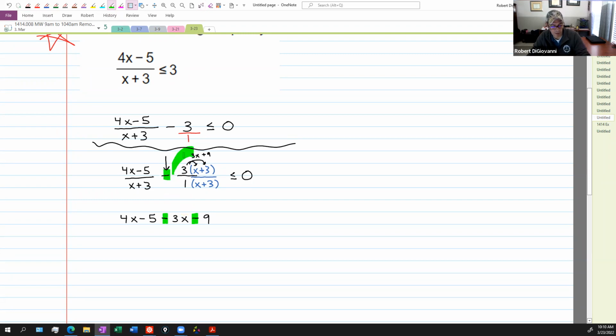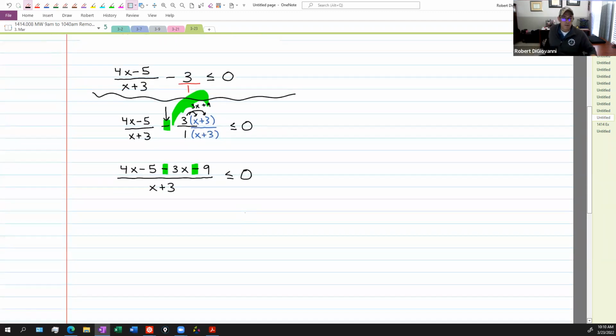This minus distributes to both of those. And that's all over the common denominator, which is x plus 3, less than or equal to 0. Let's clean up the numerator. 4x take away 3x is x. -5 take away 9 is -14 over x plus 3 less than or equal to 0.